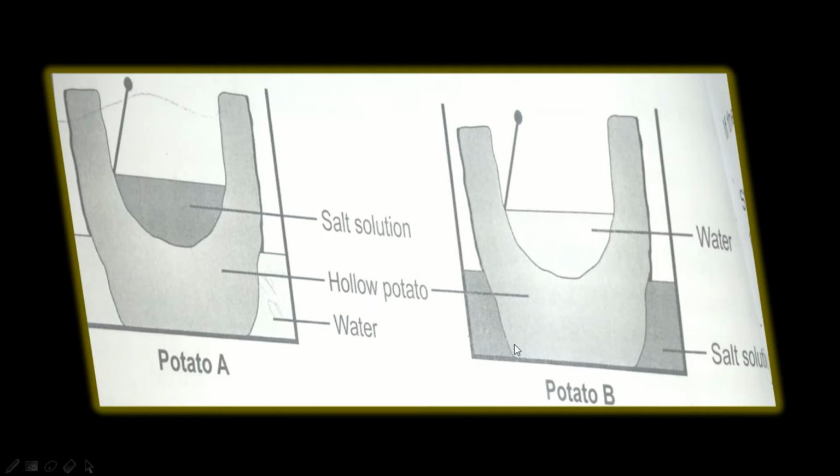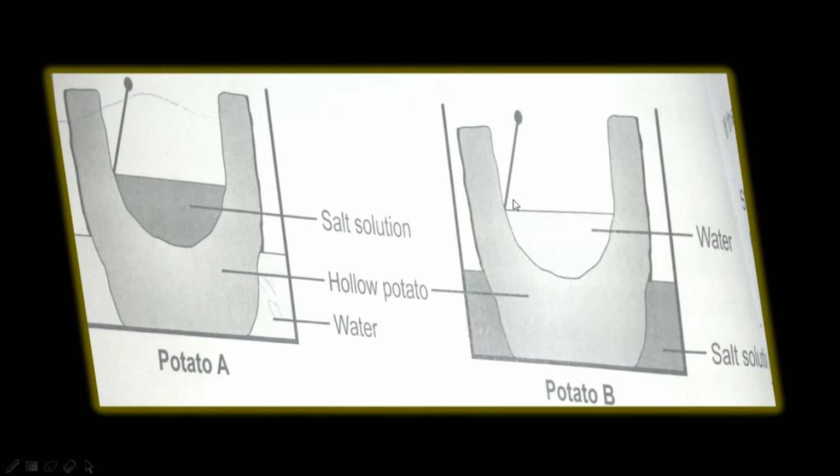Whereas in potato B, because our water is within the potato, and in the beaker is our salt solution, water will move from the potato, where it's in high concentration, to the beaker, where it's in lower concentration.